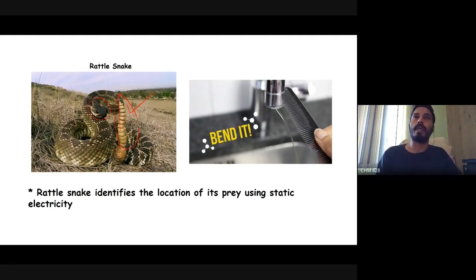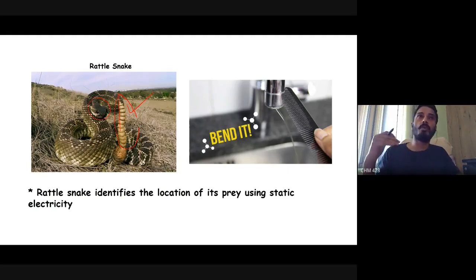And most of the prey of the rattlesnake, like small rabbits, small rats, used to exhale moist air. They used to exhale moisture, which means water vapor containing air. And water carries an electric charge. Please keep that in mind. If that prey happens to be near the rattlesnake, what will happen?